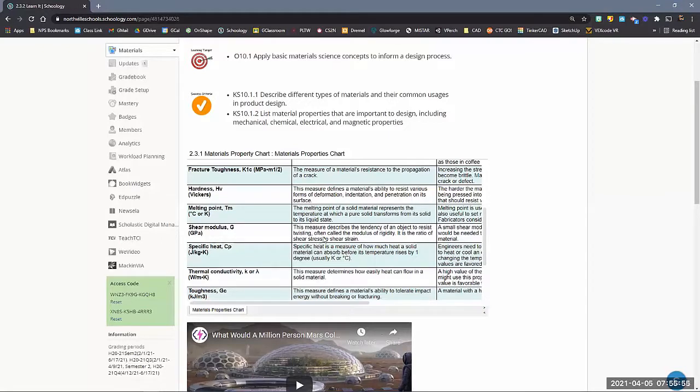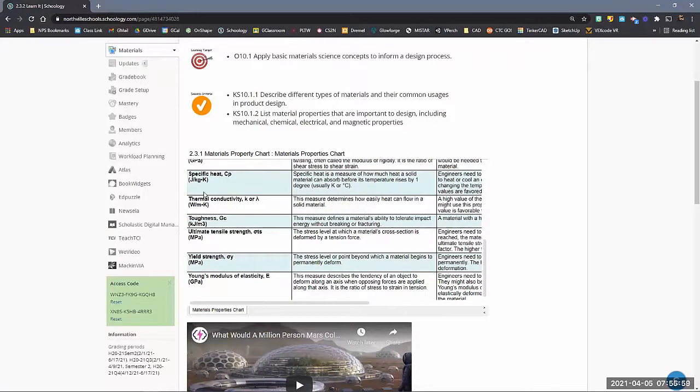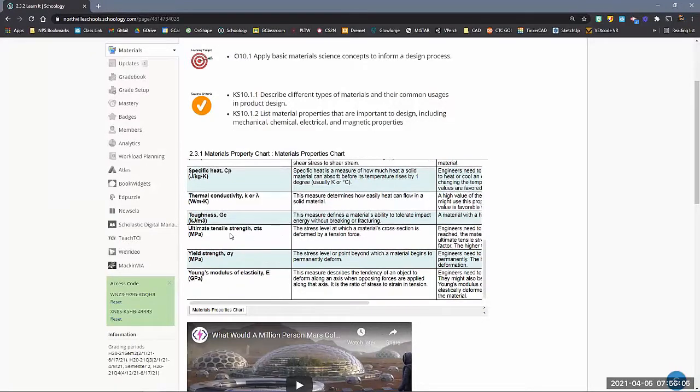So that's a really important one when it comes to material strength. You have your specific heat and thermal conductivity. These are temperature related. Toughness, we mentioned this a little bit already. You have your tensile strength, how much can it handle with the tension force before breaking? Yield strength and modulus of elasticity, you can read up on those. There's a bunch here, right?